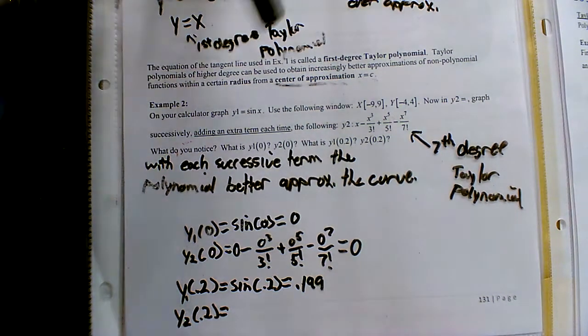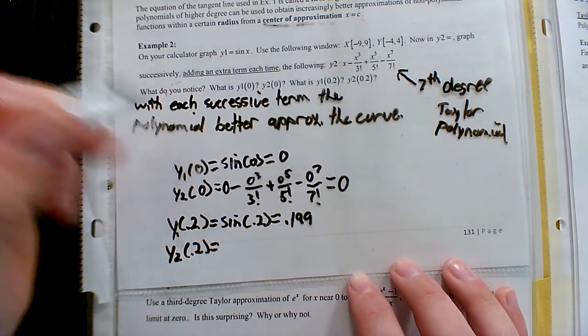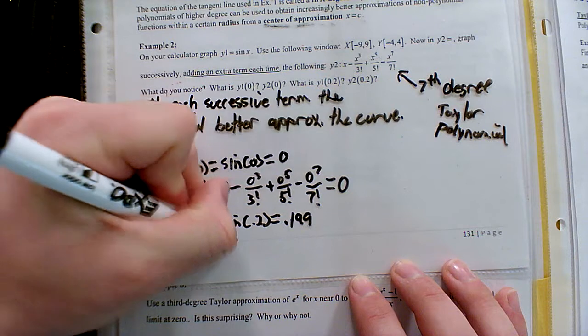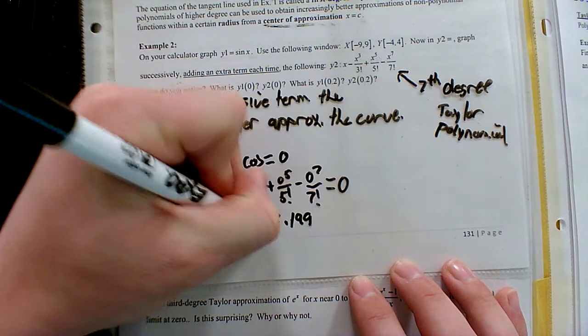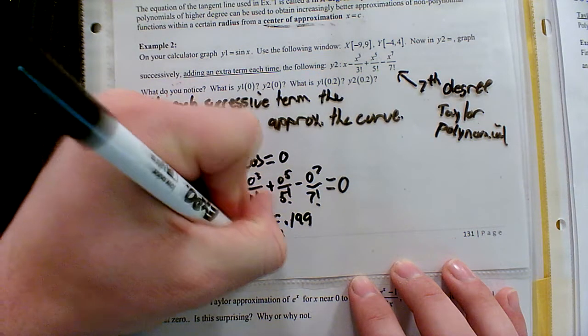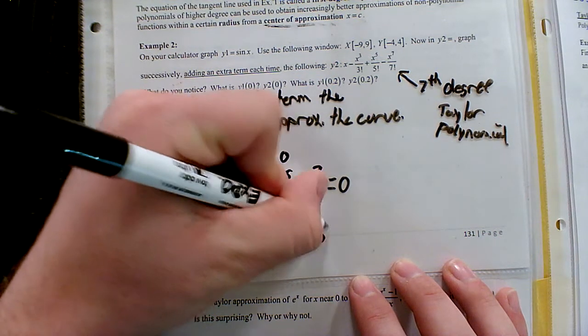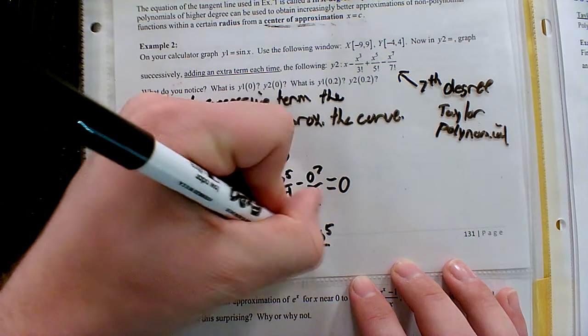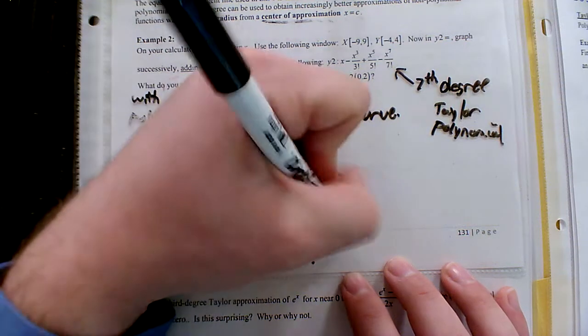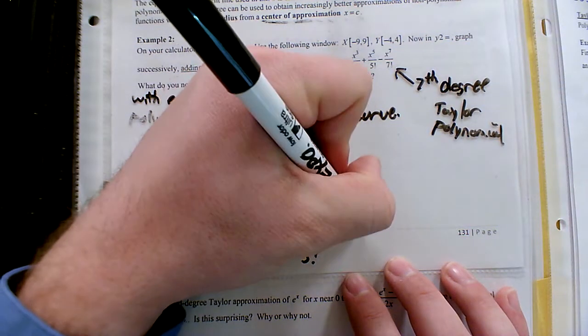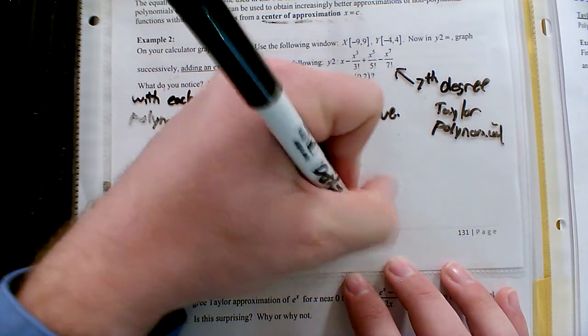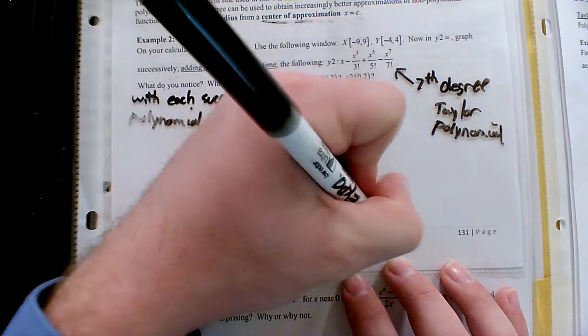Now we have to plug this into this Taylor polynomial we have. 0.2 minus 0.2 to the 3rd over 3 factorial plus 0.2 to the 5th over 5 factorial minus 0.2 to the 7th over 7 factorial.